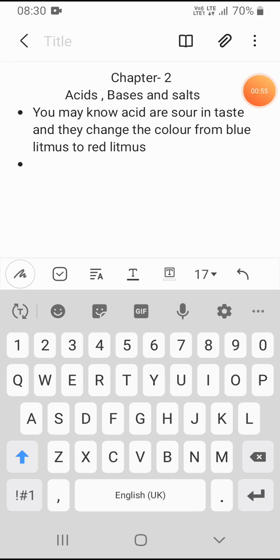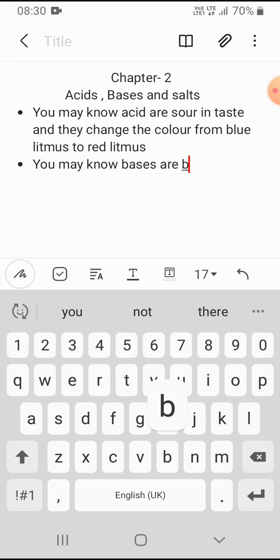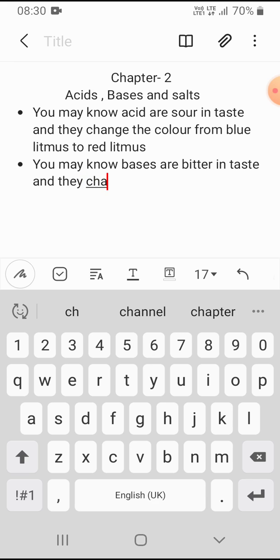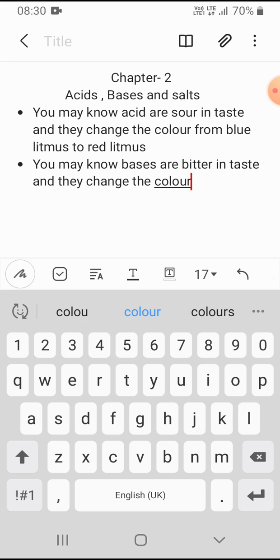And also you may know that bases are bitter in taste, and they change the color from red litmus to blue litmus paper.